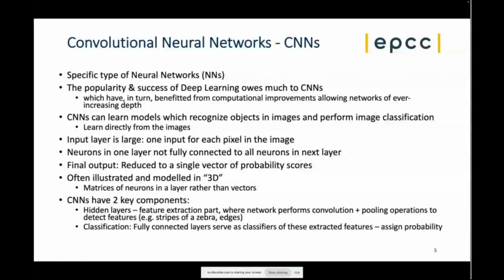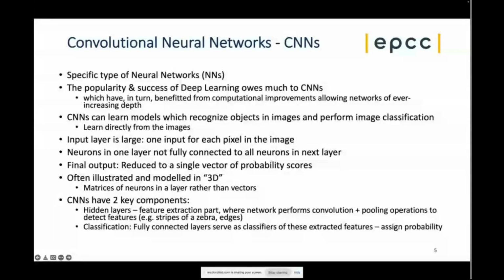These CNNs are often illustrated and modeled in 3D. So instead of having a vector of neurons, a single column of circles, they're often shown as a layer within a layer, a flat plane, as I'll show you in a minute.